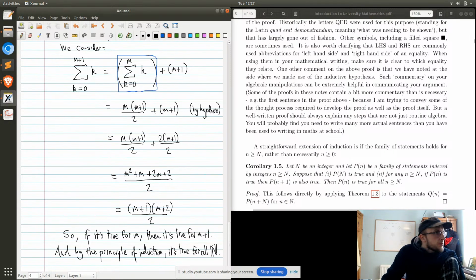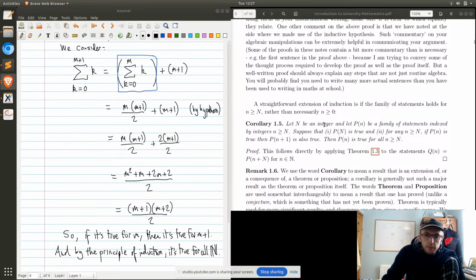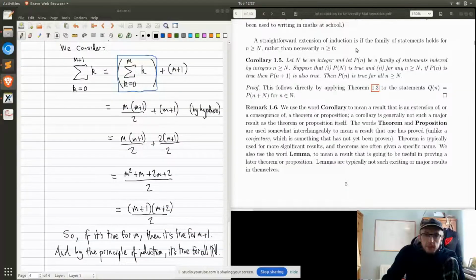Now I go to the next bit. Family of statements holds for small n greater than or equal to big N, rather than necessarily small n being greater than or equal to 0. Okay, so it's saying corollary, which means a result that is an extension of or a consequence of a theorem or proposition.